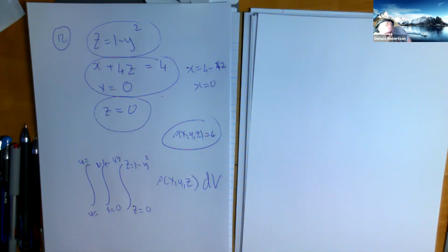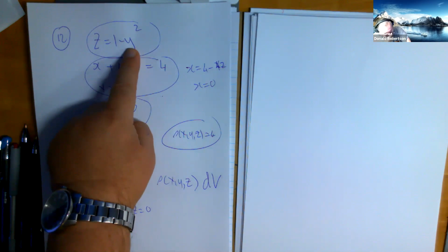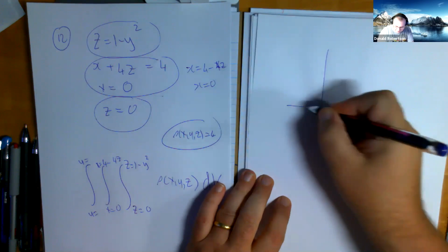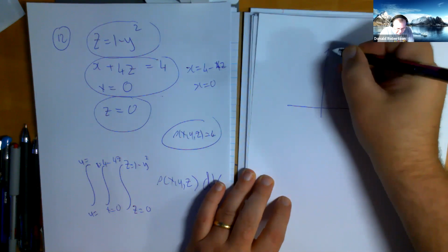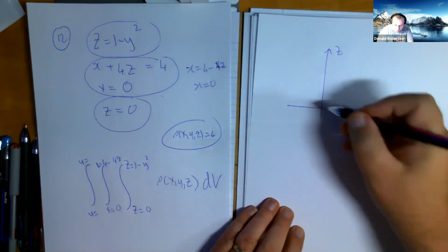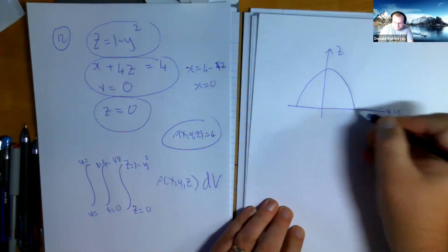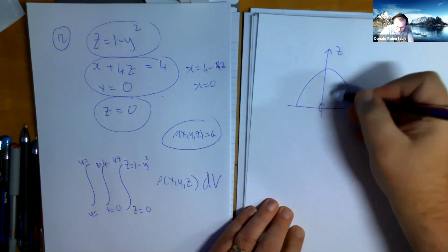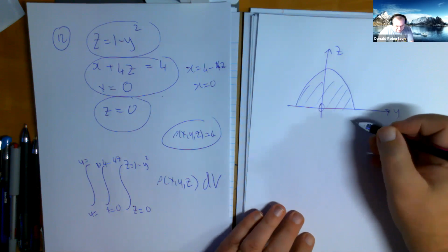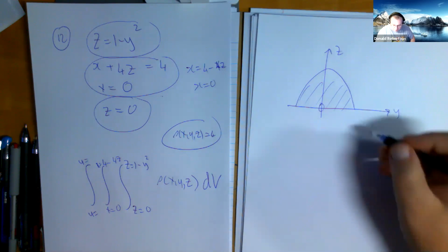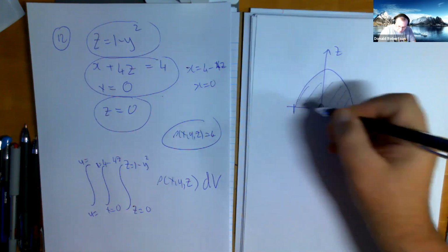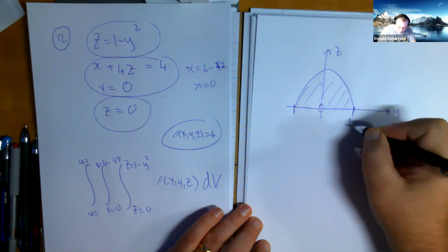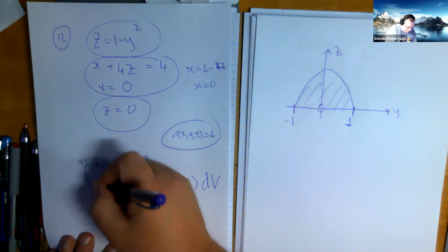Well, if I look at this one here, and I do a yz picture, one minus y squared looks like that. And if z goes from 0 to up here, that's the region. So won't that give me what my y should be? And my y should go from positive 1 to negative 1.